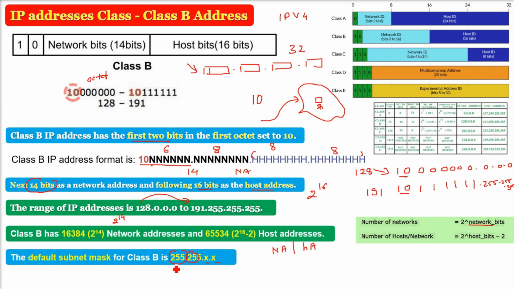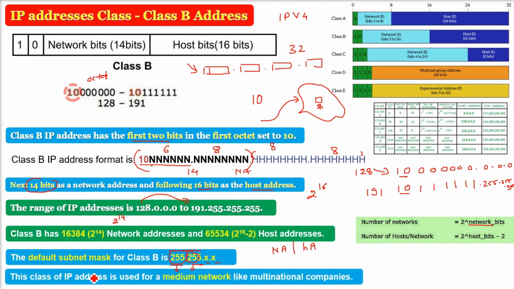So when you AND this, you get the network address out of the IP address. This is the default subnet mask of class B. Where is this class of IP address employed? It is employed for medium networks like MNC companies, multinational companies. It is not very big, not very small, a medium one.